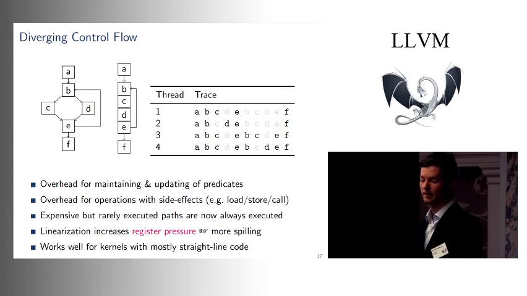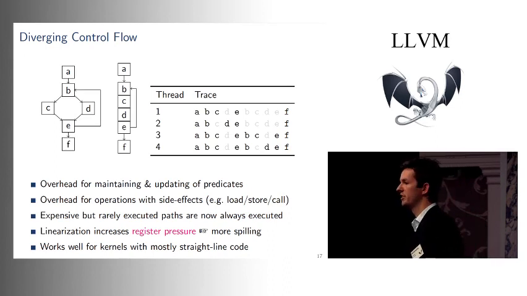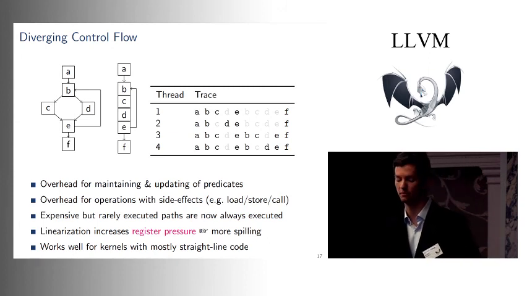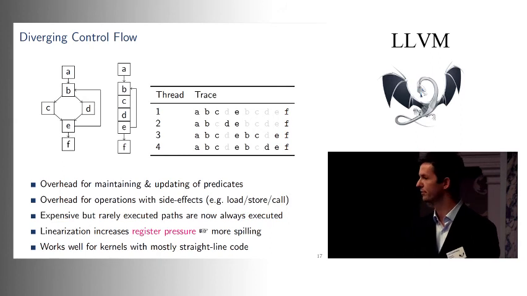Similarly, the linearization can also increase register pressure. All the values that were living out of C into E now are live while D is executed. That means the register pressure in D is increased, which can lead to additional spilling and also decrease performance, quite badly, as we've seen in a few benchmarks. So that is a very valid point.